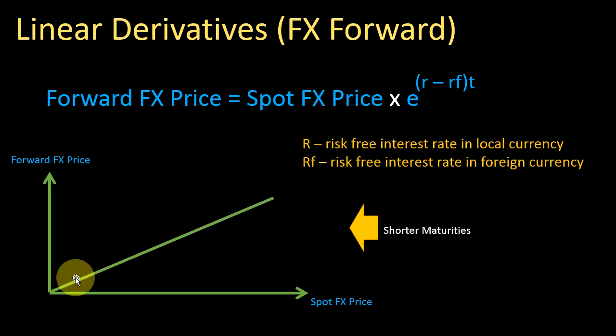So one thing you need to understand is, when we talk about linear derivatives, it also matters in respect to which risk factor we are talking about. So in this case, spot FX price is a risk factor, because remember, if the spot FX price changes, the forward FX will change. Now the risk-free interest rate in local currency is also a risk factor, and the risk-free interest rate in foreign currency is also a risk factor, because if any of these changes, the forward price will change.